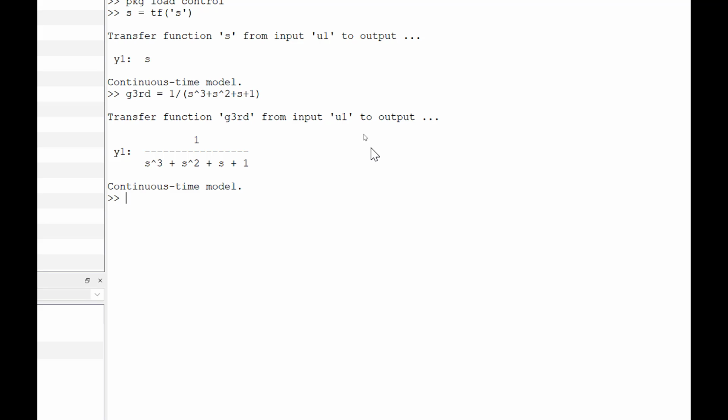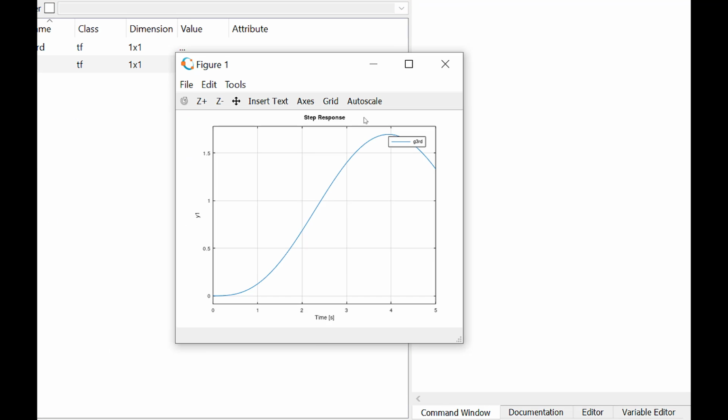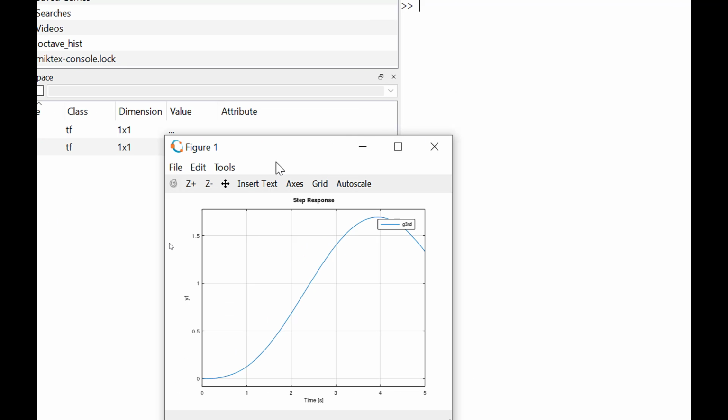Now I can put in a unit step here and actually see what the system does. So it's just going to be step(G third), okay, and it will produce a curve that looks like it's stable, but it didn't run it for very long.